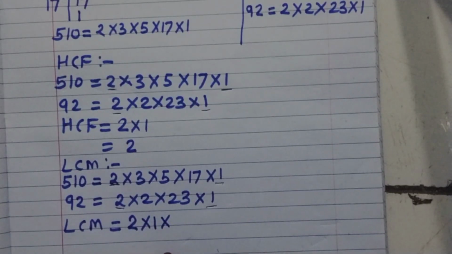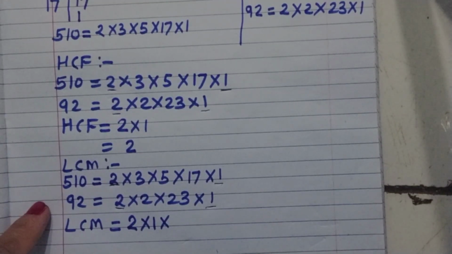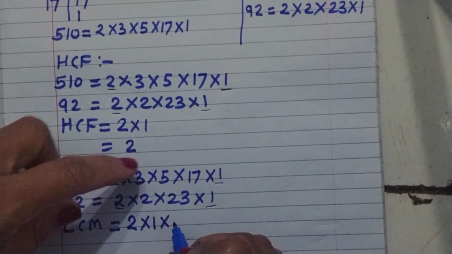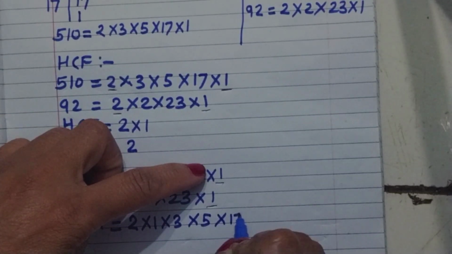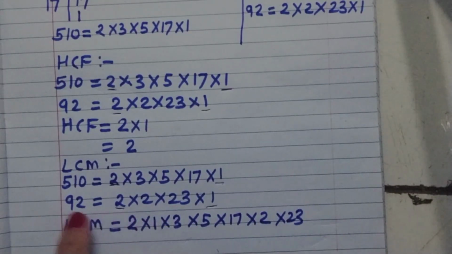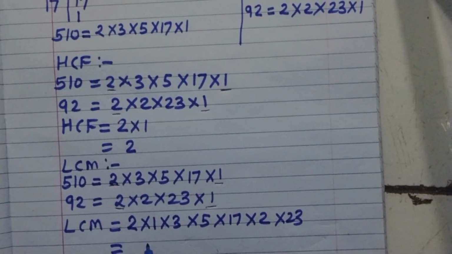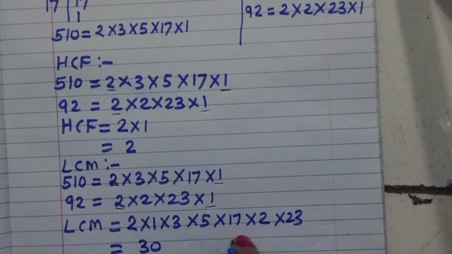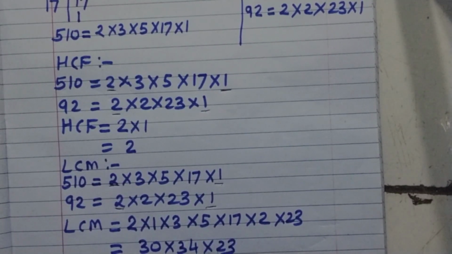Now we write a multiplication sign, and we also write the numbers which are not common factors among 510 and 92. So here 3 multiplied by 5 multiplied by 17 multiplied by 2 multiplied by 23. So all other numbers we write here. So LCM is equal to 3 twos are 6, 6 fives are 30, 17 twos are 34 multiplied by 23.